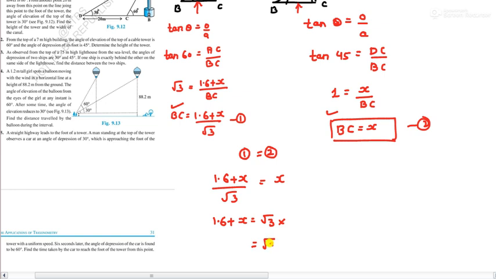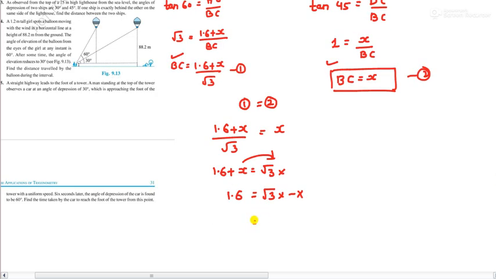I'll send x to the RHS, so it gets minus, and on the LHS we have 1.6. If I take x out, I'll get root 3 minus 1. Here it is 1.6. So what will be x? It will be 1.6 divided by root 3 minus 1.